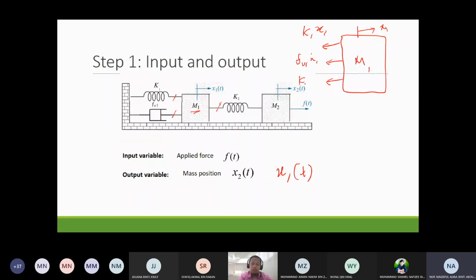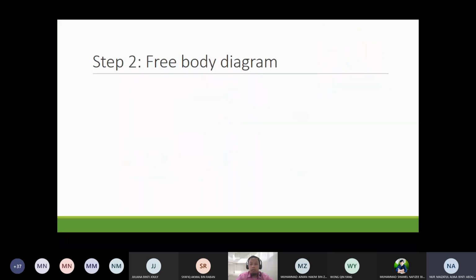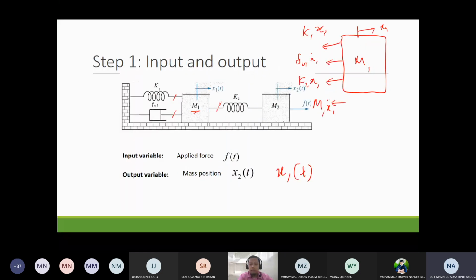So we have K2 X1. And also we have the inertia from the mass. Okay, so we have the mass M1 times the acceleration, X1 double dot.